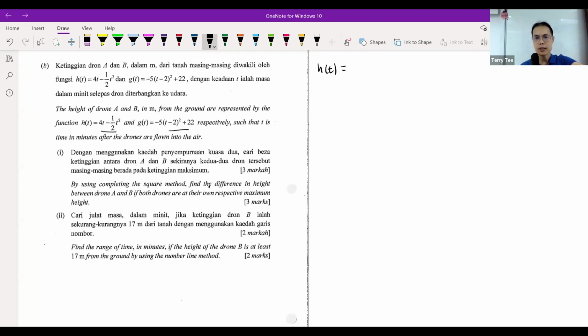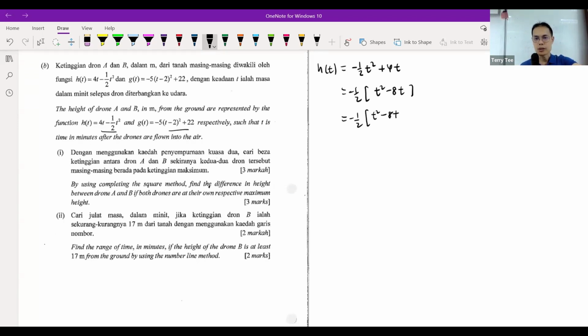So for H, right? First, let me do it one by one, step by step. I put -½ in front, factorize -½ from here. When you take 4, you divide by -½, you get -8. Let's say this again, 4 divided by -½ is 4 times -2. That gives us -8. Then you complete the square. So you're going to add a number.